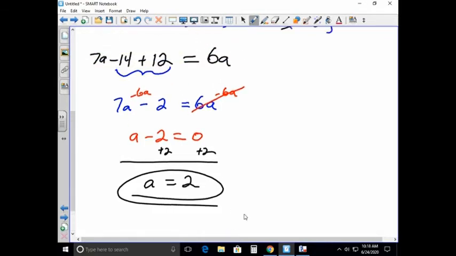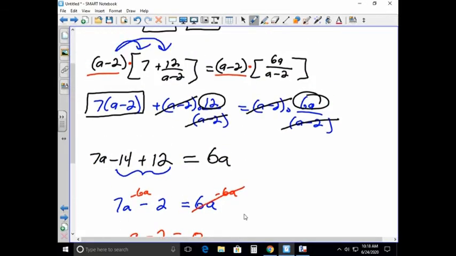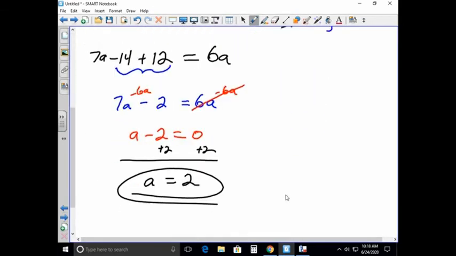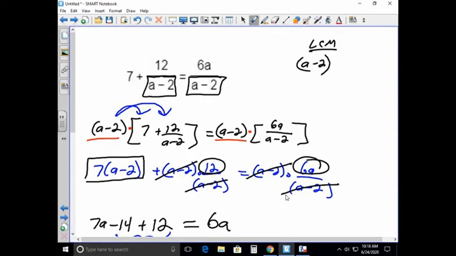Now we have to be careful. We've been a little sloppy on the other ones because it didn't give us a problem. But notice we said that our answer is A equals 2. Now, if we look at our original problem, let's see if A can be 2.